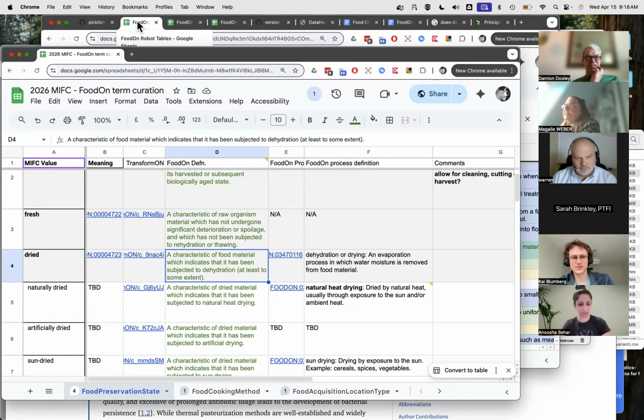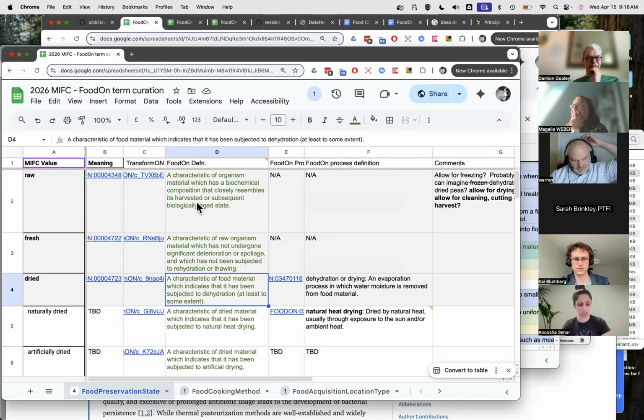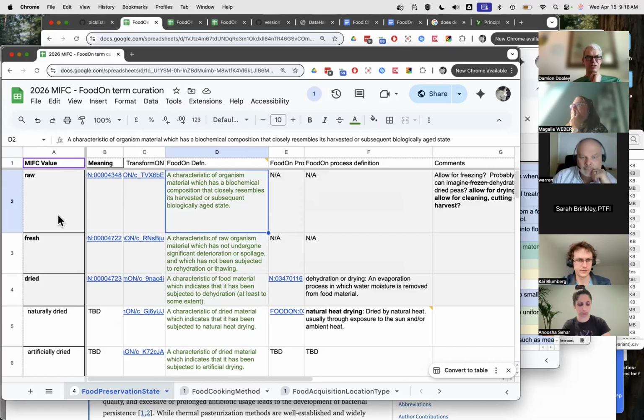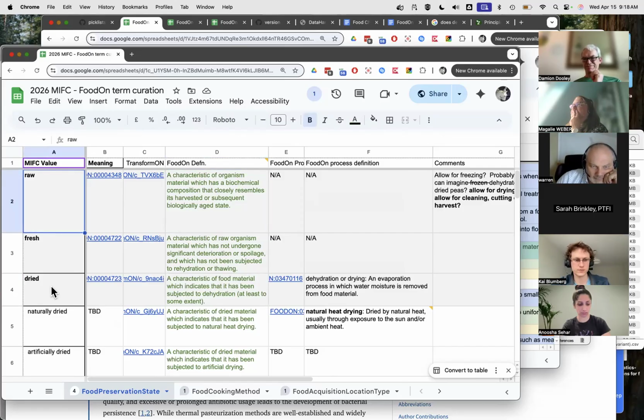Okay, so let's take it from the top. I reorganized a few MIFC characteristics to the top, raw, fresh, and dried, because they're so basic.